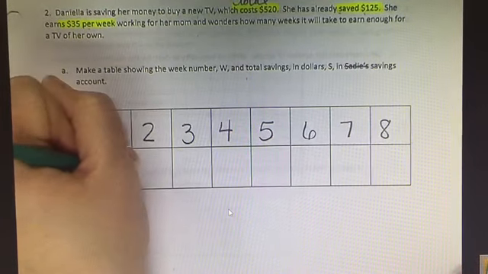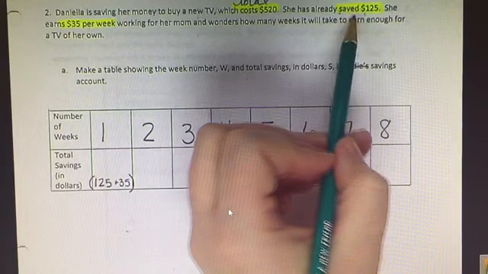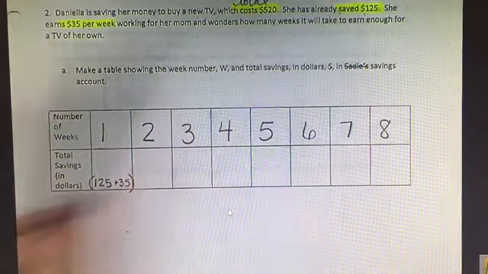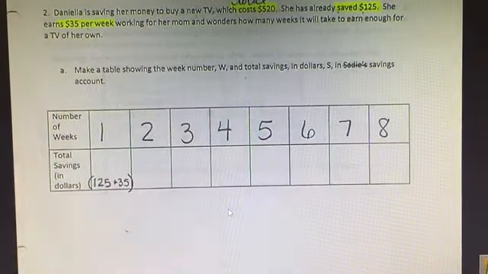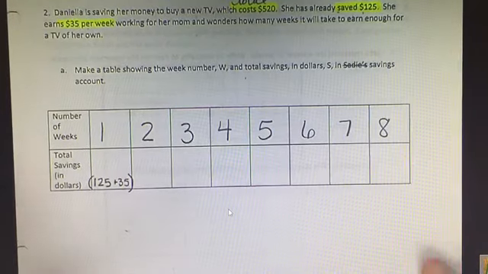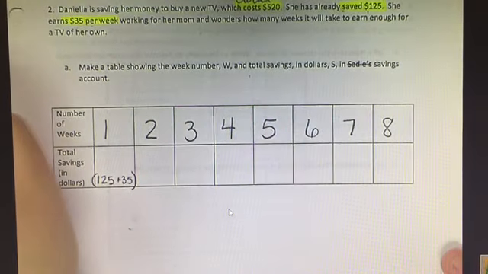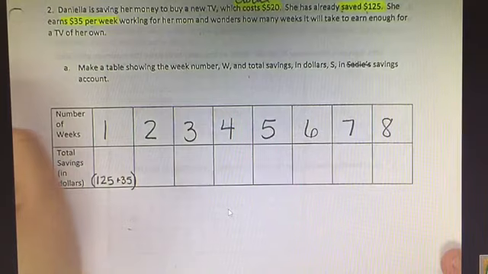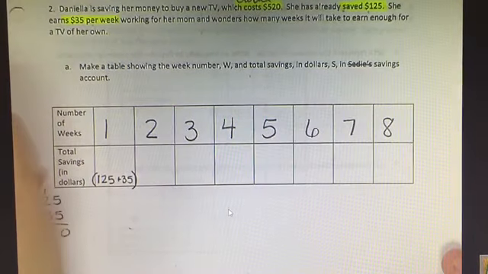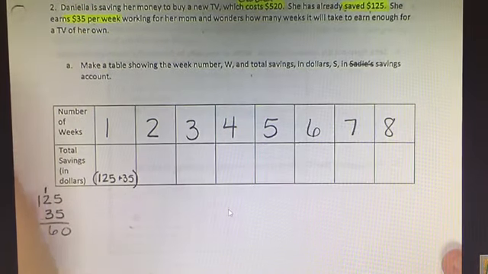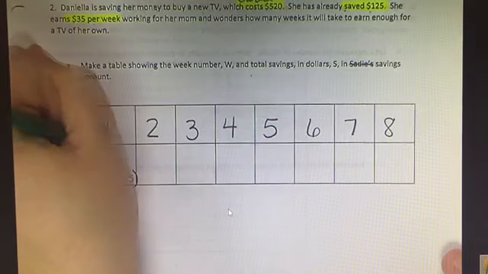Okay, don't forget that part, that she'd already saved $125, and then she's going to work for a week, and then she's going to add that $35 into her account. So this is $125 plus $35, and we get $160.